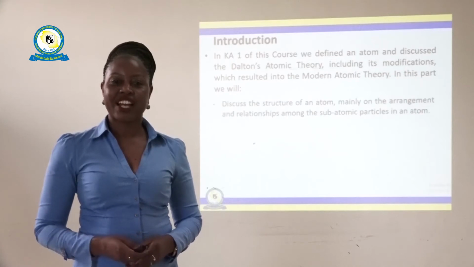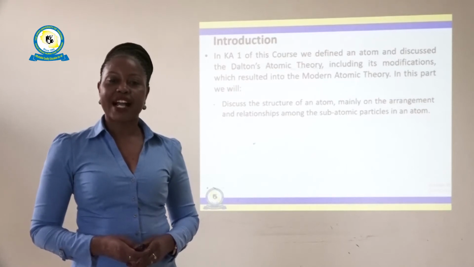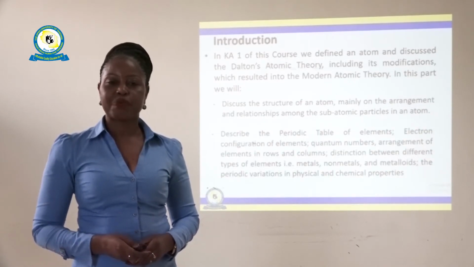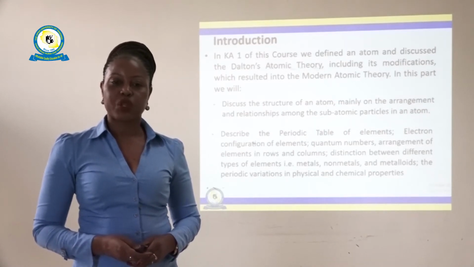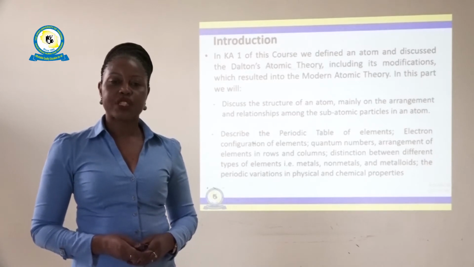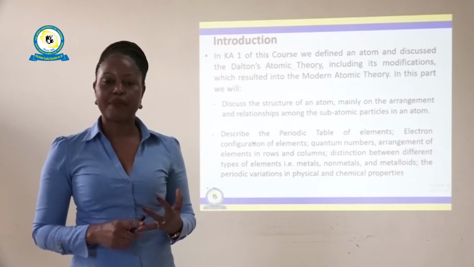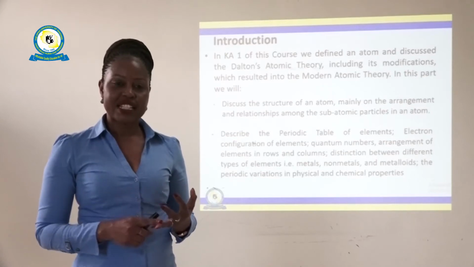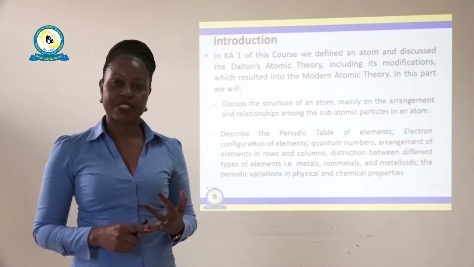Therefore, in this part, we will discuss the structure of atom, mainly referring to the arrangement and relationship among the subatomic particles in the atom, and we will also describe the periodic table of elements, including how to write electron configuration of elements, quantum numbers, arrangement of elements in rows and columns, distinction between elements, different types of elements, and also we will see the periodic variation in physical and chemical properties of elements.